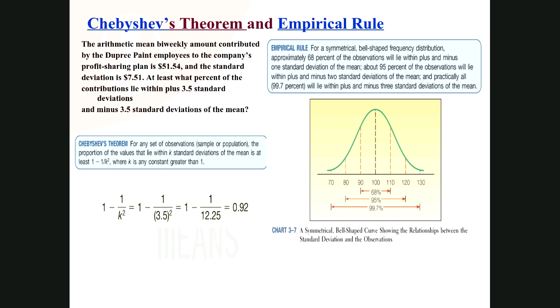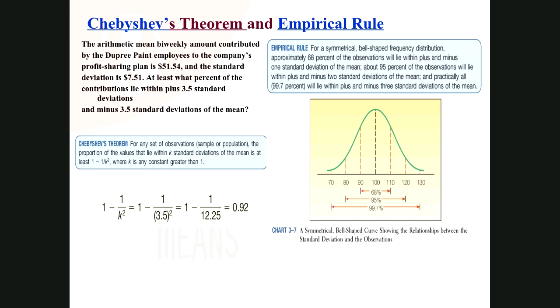Chebyshev's theorem, for any set of observations, sample or population: the proportion of the values that lie within k standard deviations of the mean is at least 1 minus 1 divided by k squared, where k is any constant greater than 1.